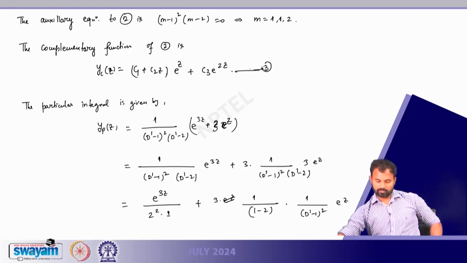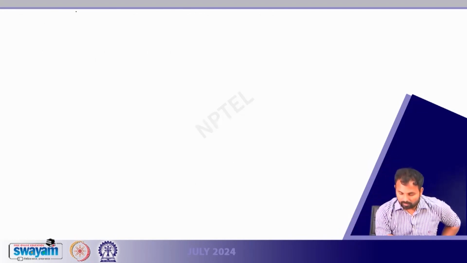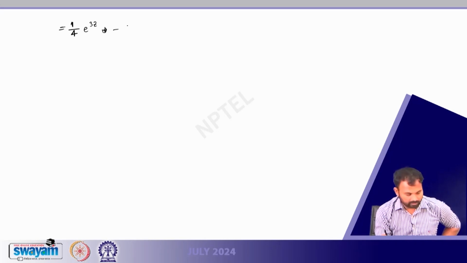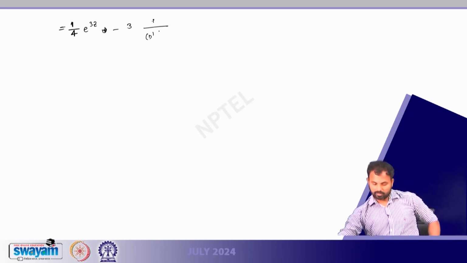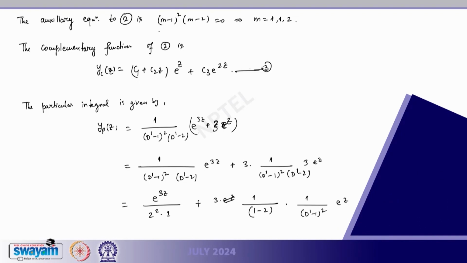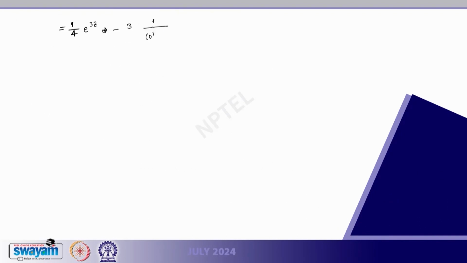Okay. So, the first fraction will become 1 by 4 e to the power 3z minus 3 times 1 by D dash minus 1 whole square e to the power z, right.